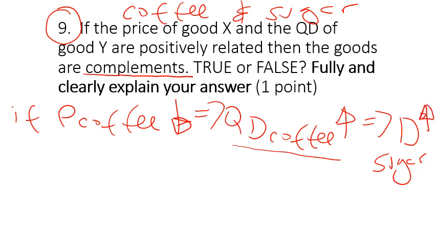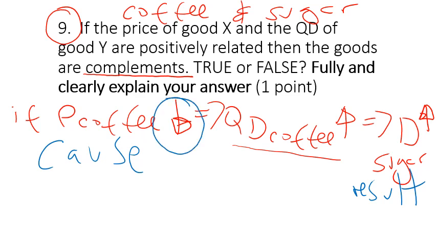Okay, so what kind of relationship is this? Obviously, the change in the price is the cause, and the change in demand or quantity demanded is the result. Are cause and result moving in the same direction or opposite directions? Opposite direction. As the price of coffee goes down, the demand and quantity demanded for sugar goes up.